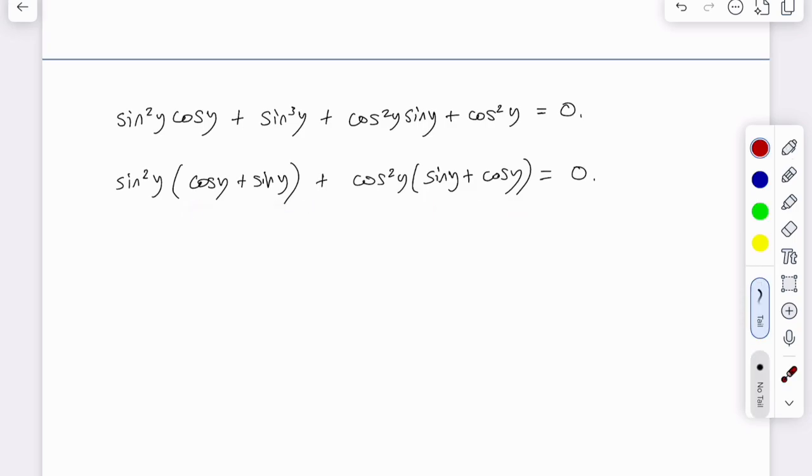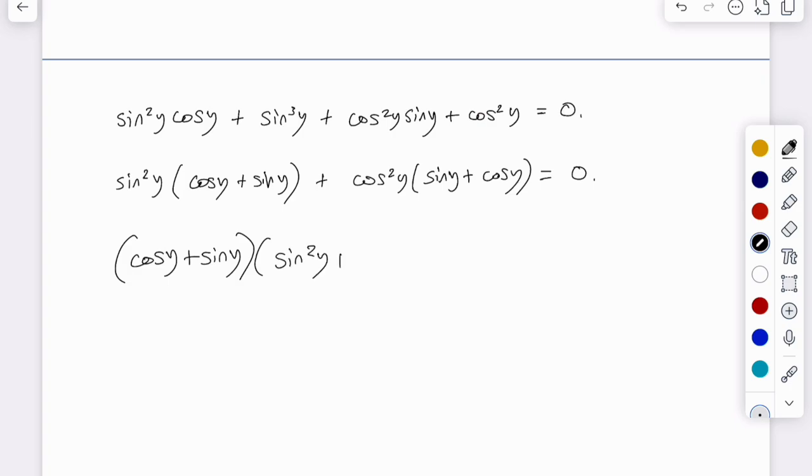Now we've got a grouping factorization situation here, because what we can do is say cos y plus sine y, times sine squared y plus cos squared y, is equal to 0. This is going to cancel because this equals 1.